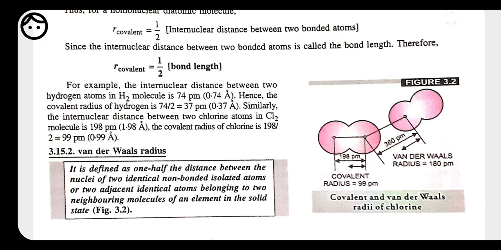With the help of this we can take out the van der Waals radius of any atom. So the van der Waals radius is defined as one half the distance between the nuclei of two identical non-bonded isolated atoms or two adjacent identical atoms belonging to two neighboring molecules of an element in the solid state. That is called the van der Waals radius.